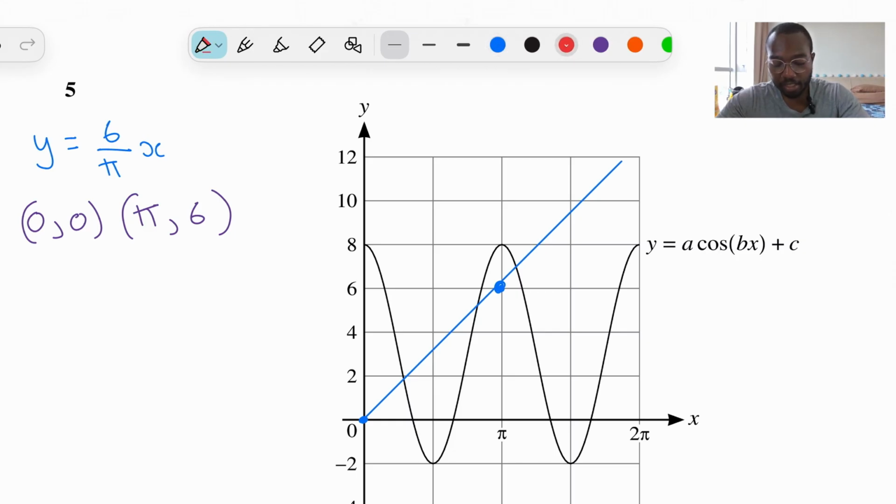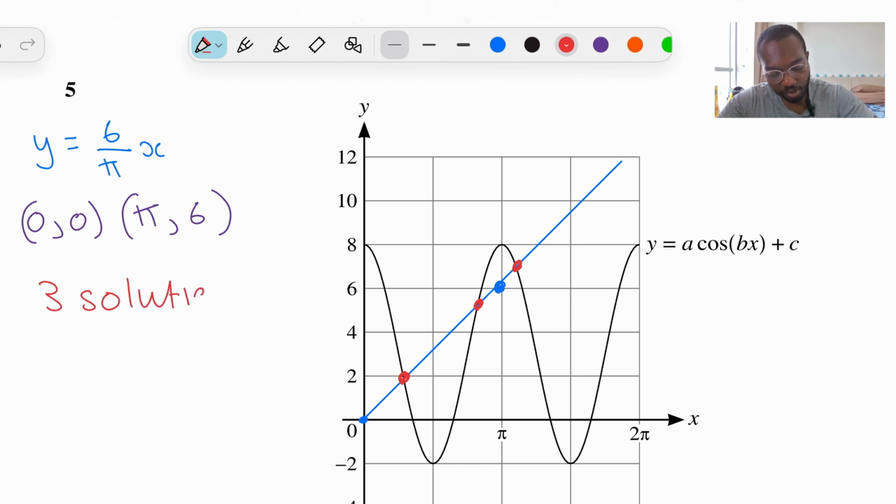Now we just need to look at how many points of intersection it has. It intersects here, and it intersects here, so that is 3 points of intersection. Therefore, for that question, it would have 3 solutions.